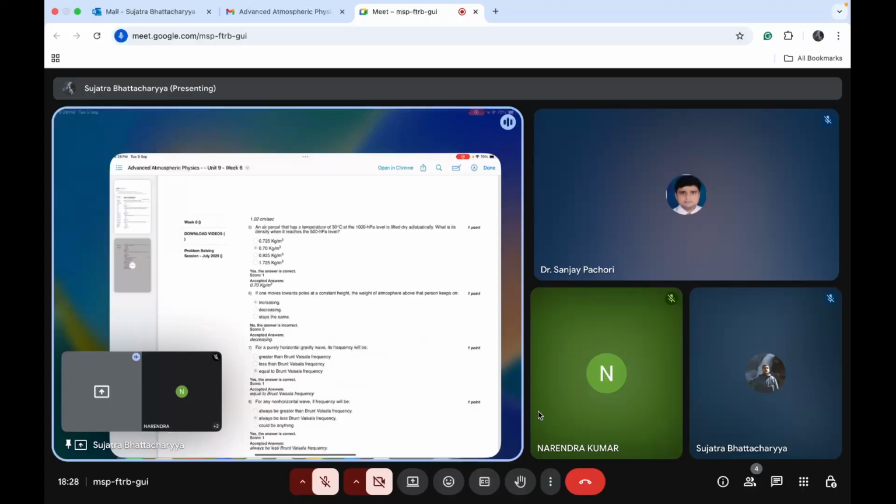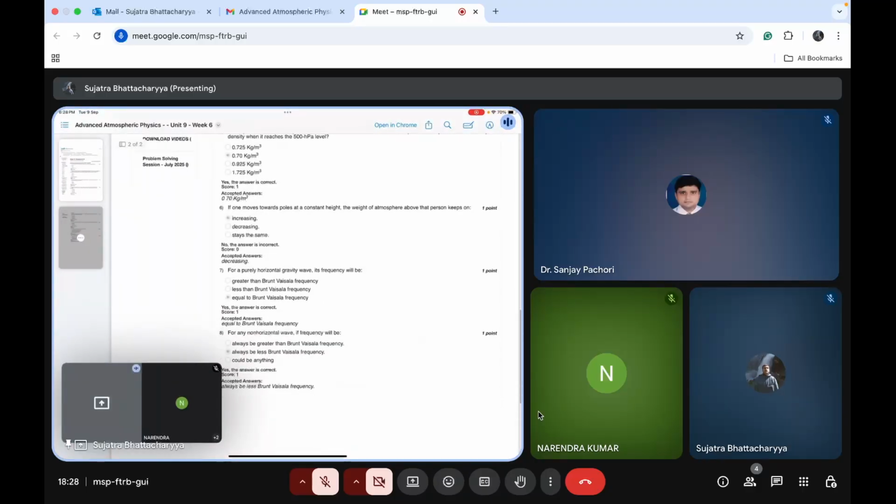All right. Let's go to the sixth question. So 0.70 is the correct answer. If one moves towards the poles at a constant height, the weight of the atmosphere above that person keeps on decreasing. When we looked using g dash, effective gravity, we saw that g dash generally increases towards the pole, because g dash is equal to g minus R omega square cos square phi.